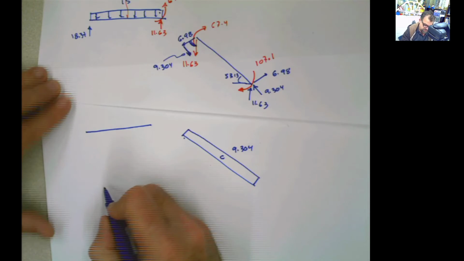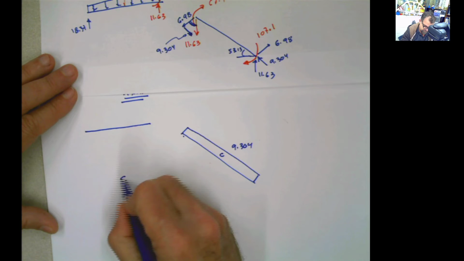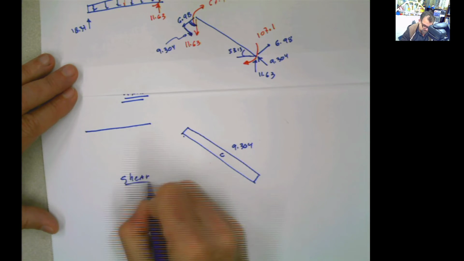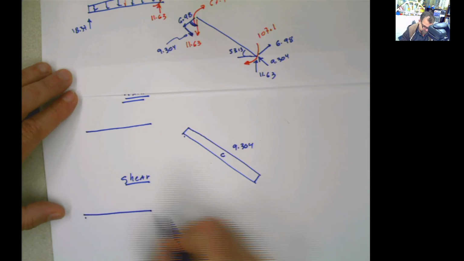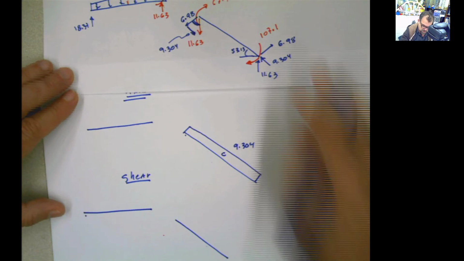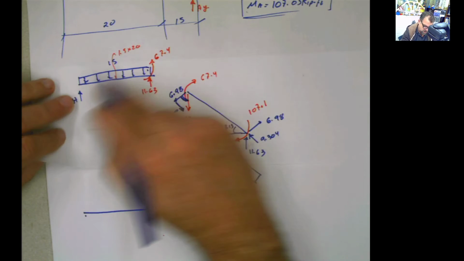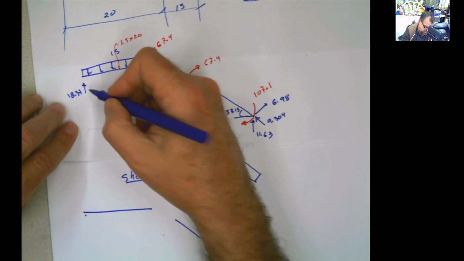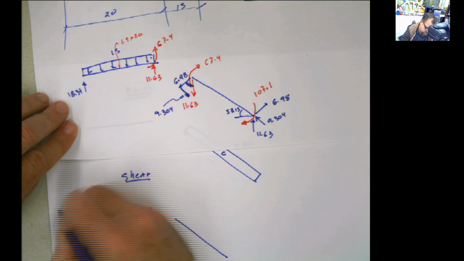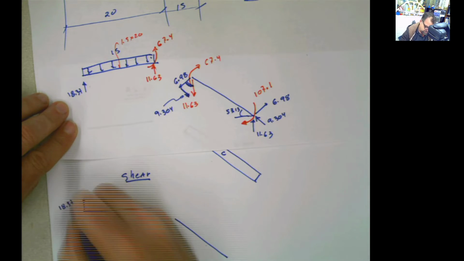Now the shear diagram is going to be something like this. Let's start with this part. 18.37, 18.37, jump, 18.37.